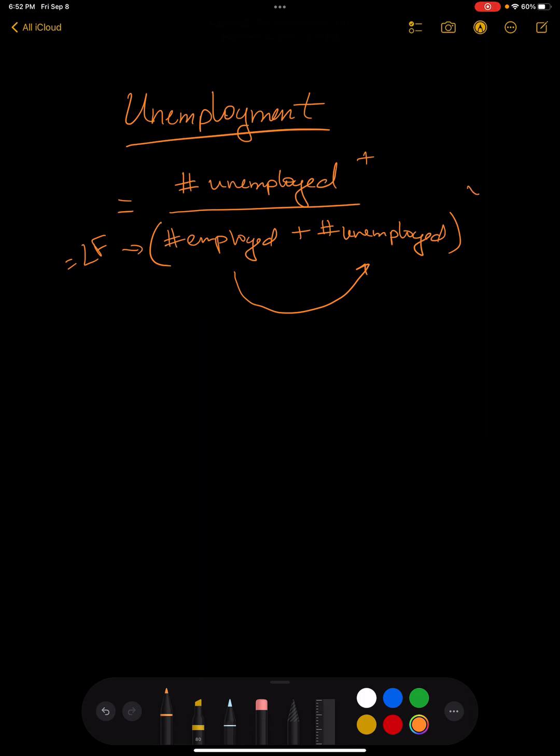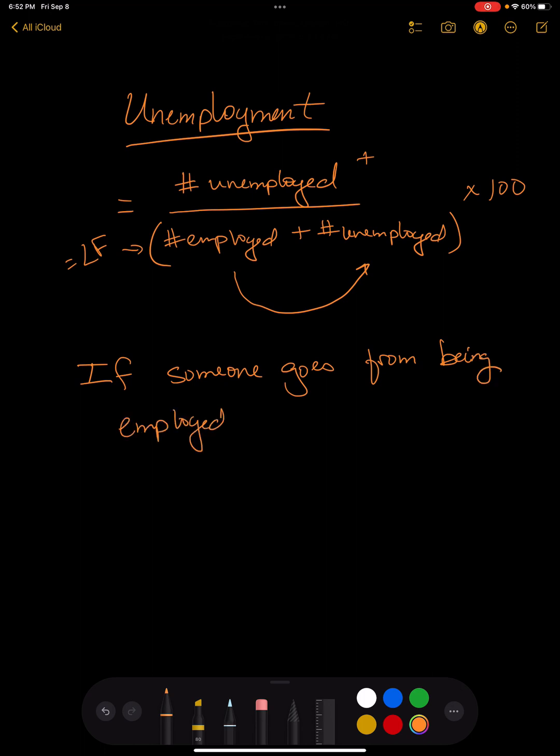And actually, I just realized I probably should tell you this is times 100 because you're getting a percent. So I'm going to write it out, make sure you have it. If someone goes from being employed to unemployed, the unemployment rate rises.